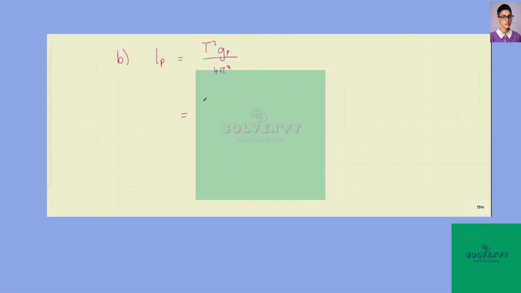And so if we substitute our values in, again, the period must remain at 2 seconds, and that's squared, times the gravitational acceleration, which is given to be 9.809 meters per square second, divided by 4 times pi squared.